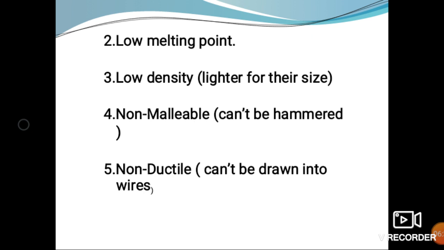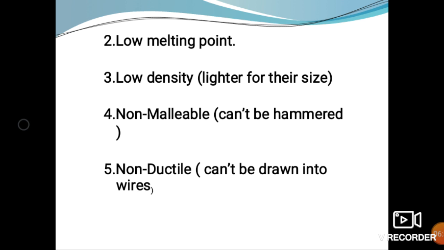Okay, they have a low melting point. About this low melting point, we shall explain in detail in class. Third, we shall go to low density.